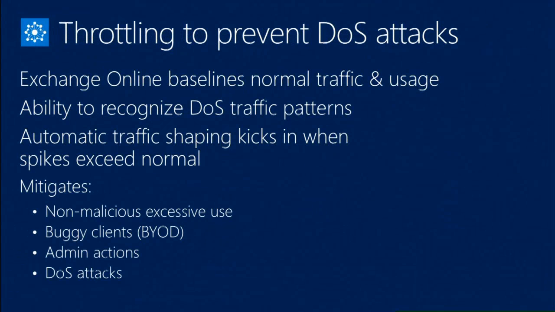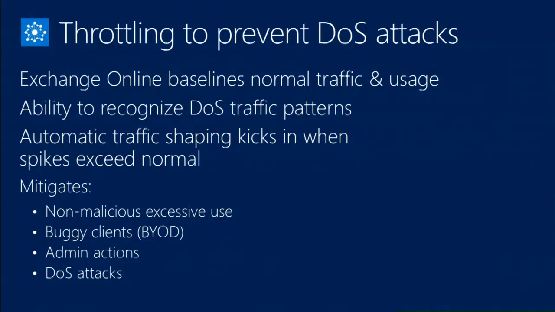So throttling to prevent DOS attacks, so denial of service attacks. You may already be aware that it may happen maliciously or through some buggy clients that are just pinging our Office 365 service, or one of the services within Office 365, and creating enormous traffic that eventually takes the service down.